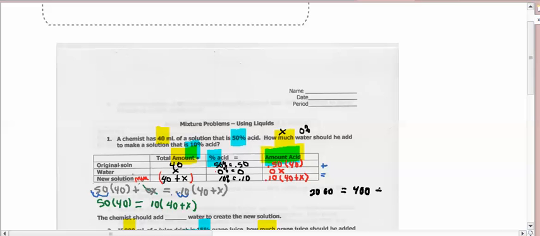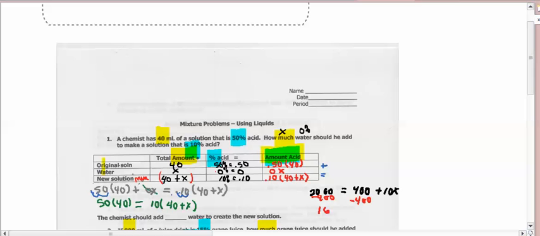And then 10 times x is 10x. Alright, the next step is I'm going to put x's on one side and numbers on the other. So I am going to subtract 400 from both sides.